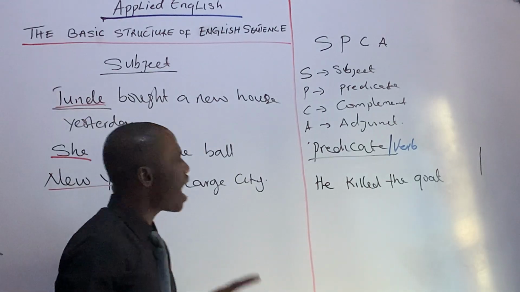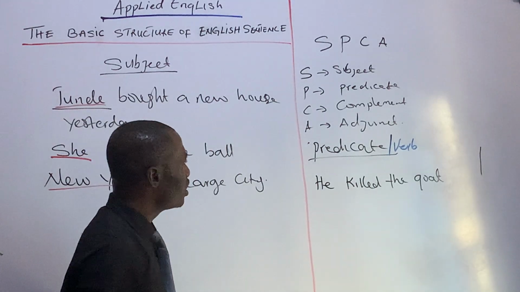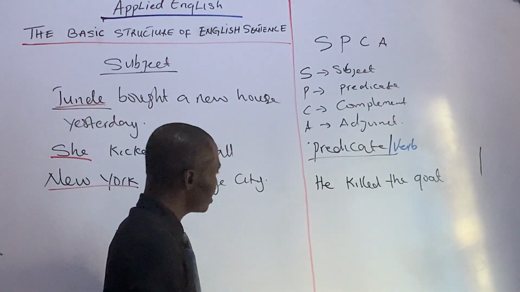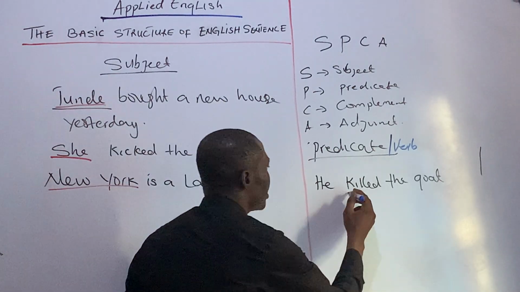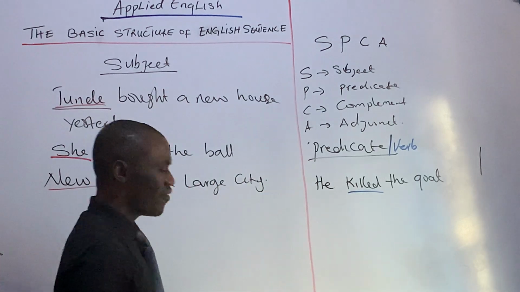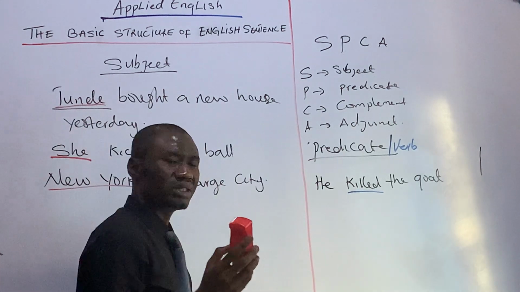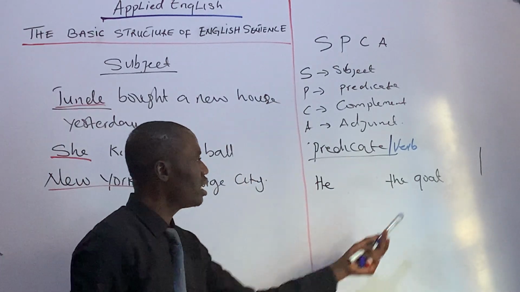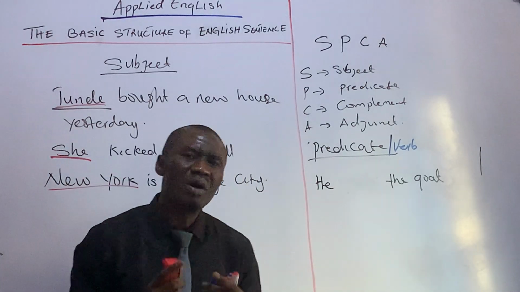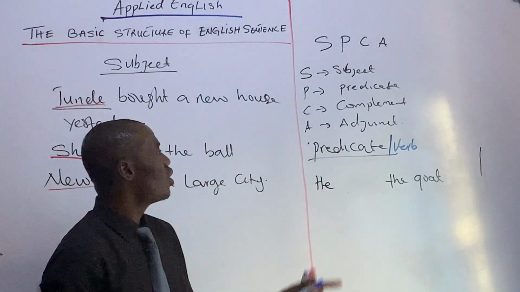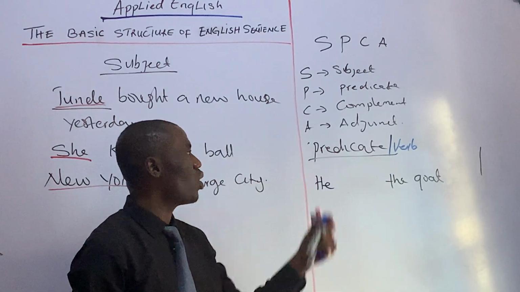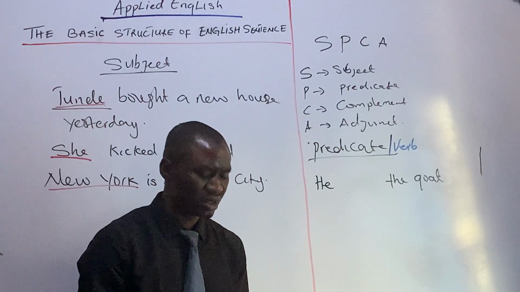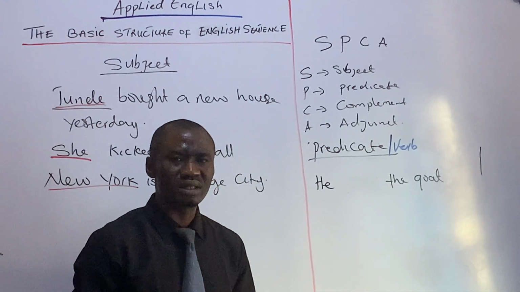Now, the action word or the doing word in this sentence is killed. Now we have killed. But if I should take my duster and clean up killed, he, the goat, you can now understand that without the verb or the predicate, the sentence will be meaningless, useless, and senseless.